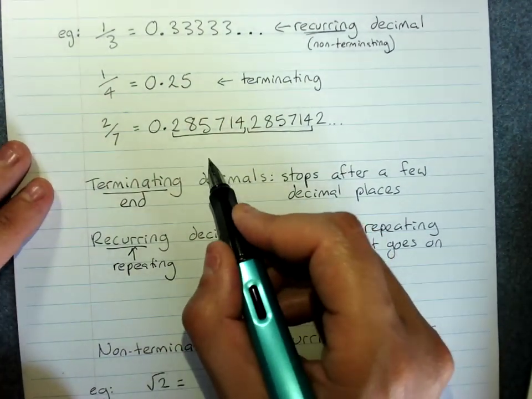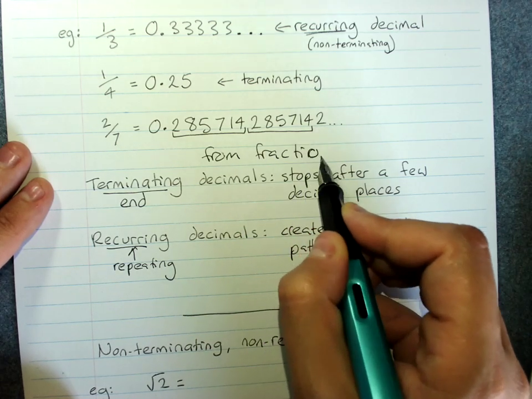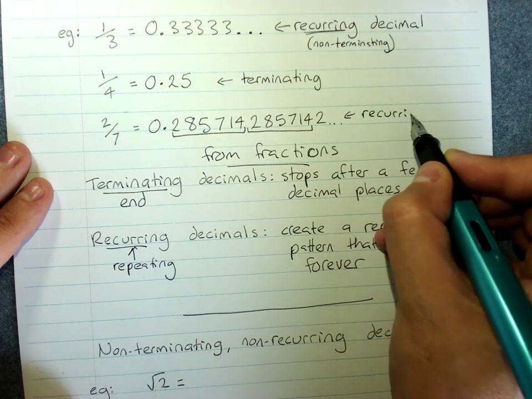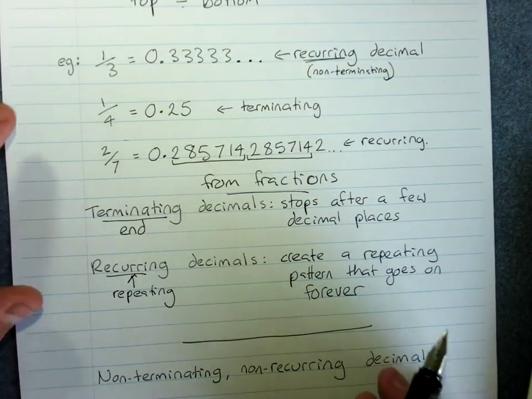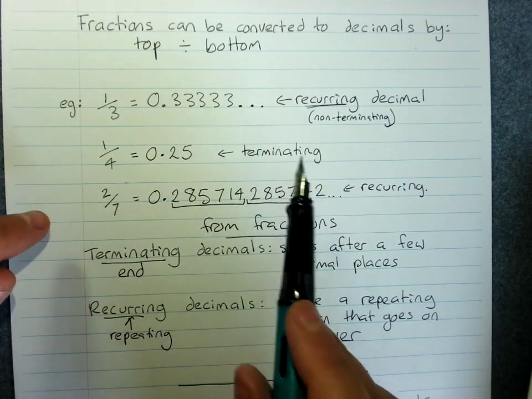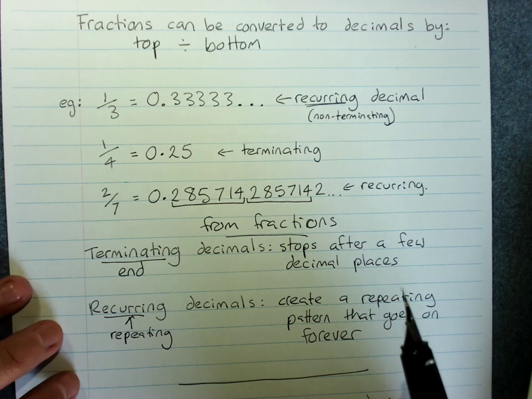So these both come from fractions. This one's recurring. So if you have a fraction, you know it'll come out as either a terminating or a recurring decimal. That's your only two possibilities.